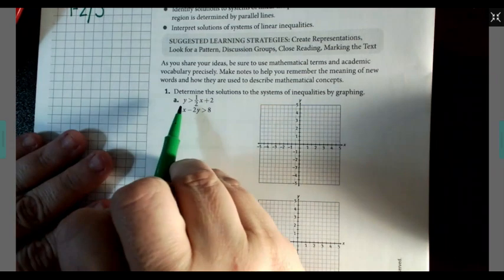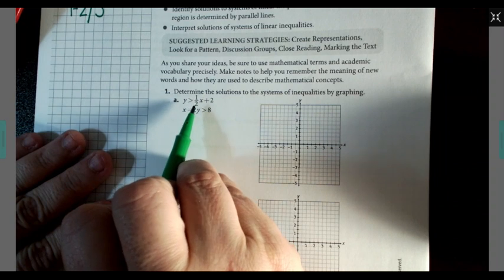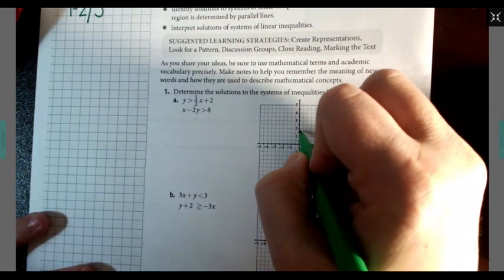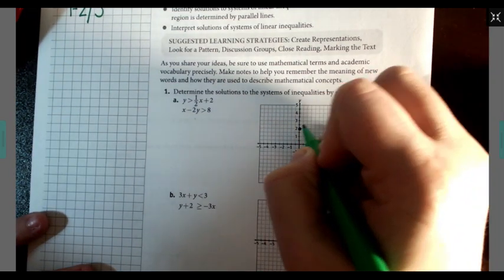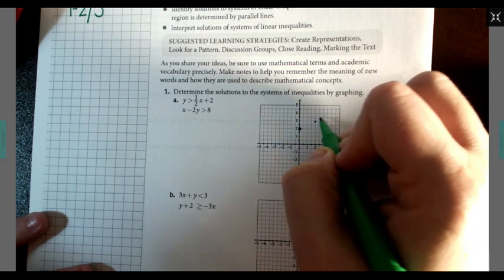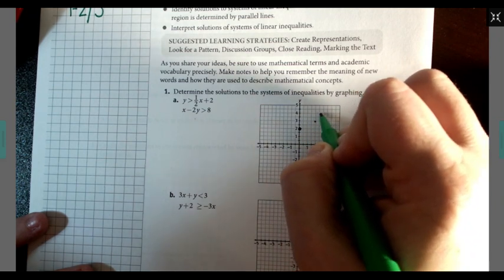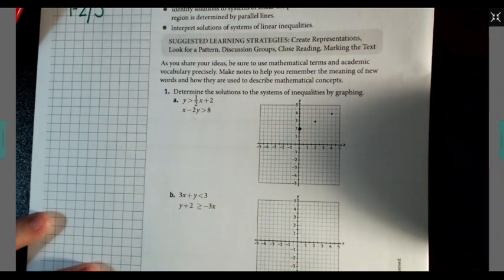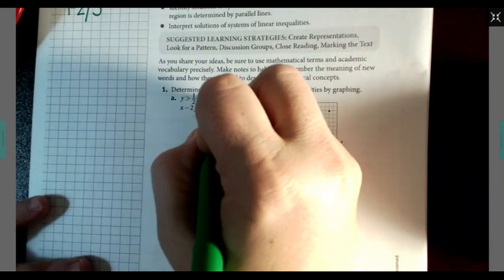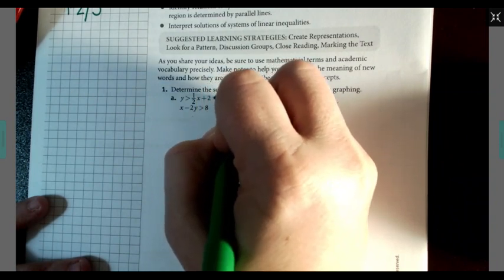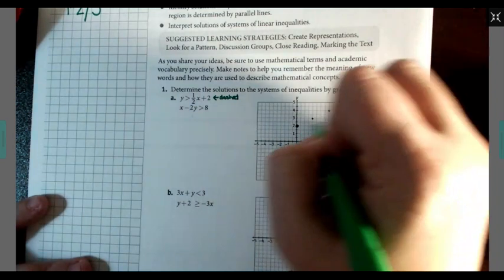A. y is greater than 1/2 x plus 2. So we're going to start at positive 2. We are going to go up 1 over 2. This is going to be dashed, and it's going to be shaded.